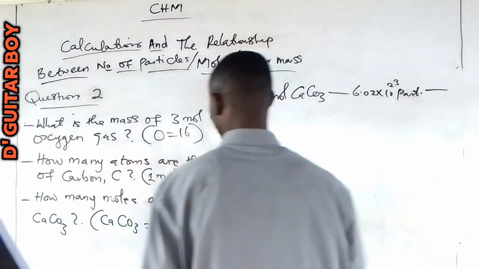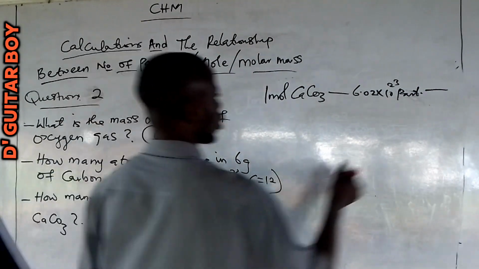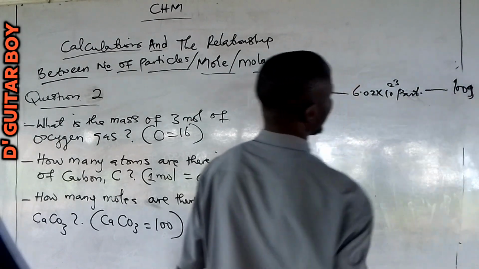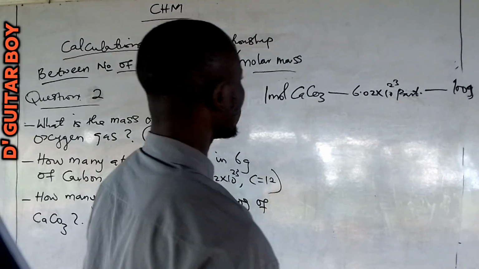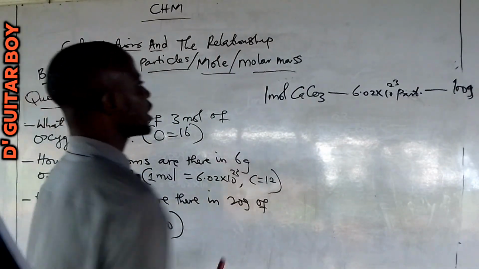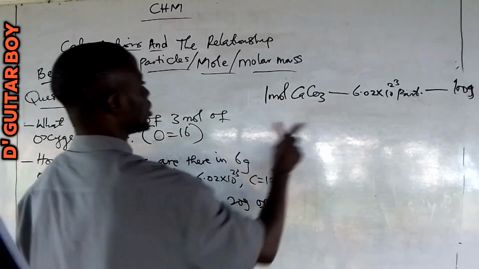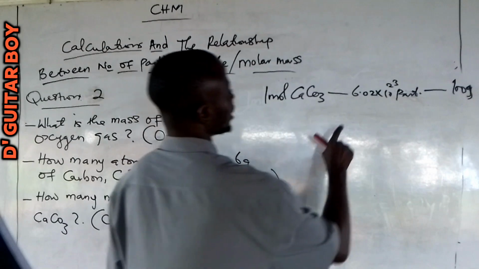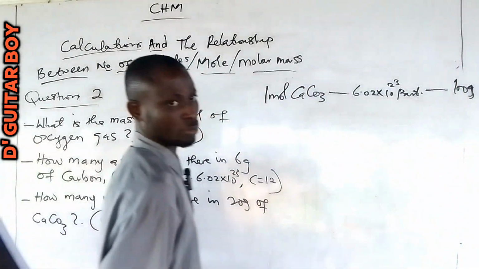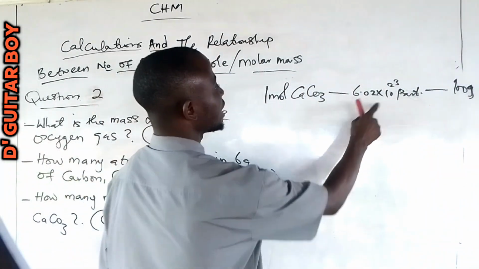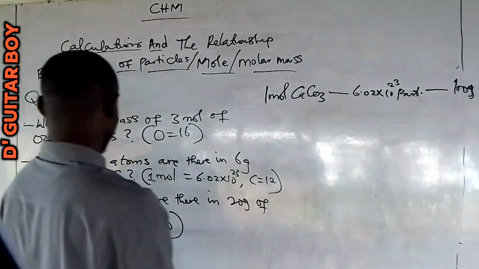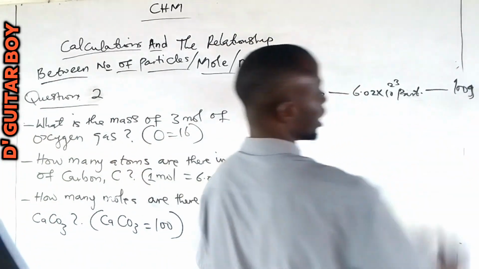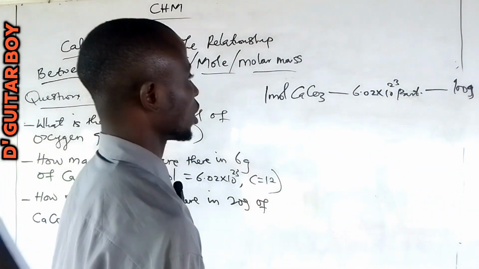And this one will give us, look at the relative mass, you write 100 grams of calcium carbonate. So this is the basic relationship. You must know this first. How do you know that is 100 grams for 1 mole? 1 mole is the same thing as the relative mass or the molar mass of that substance.